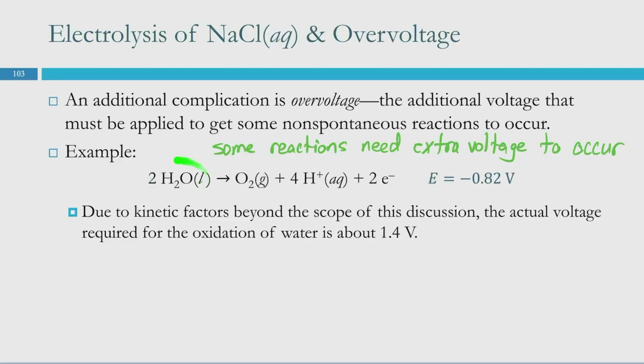So our example here, H2O getting oxidized to form H plus and O2. We would expect its electrode potential to be about negative 0.82. The actual voltage for the oxidation of water is about 1.4 volts. So rather than having to put in 0.82 volts, we would need quite a bit more than that, at 1.4 volts.